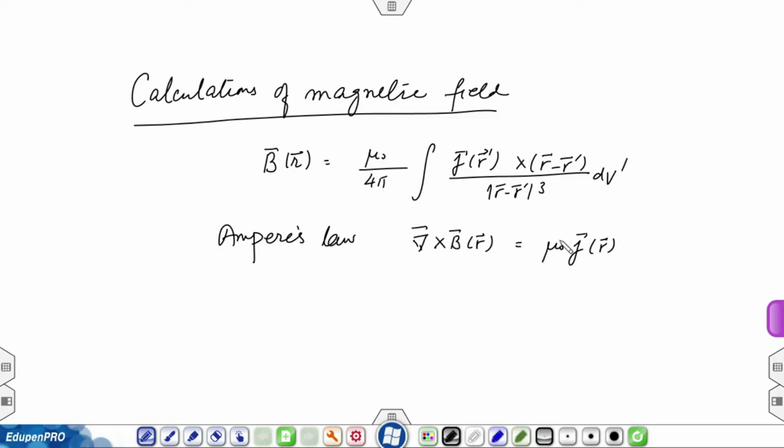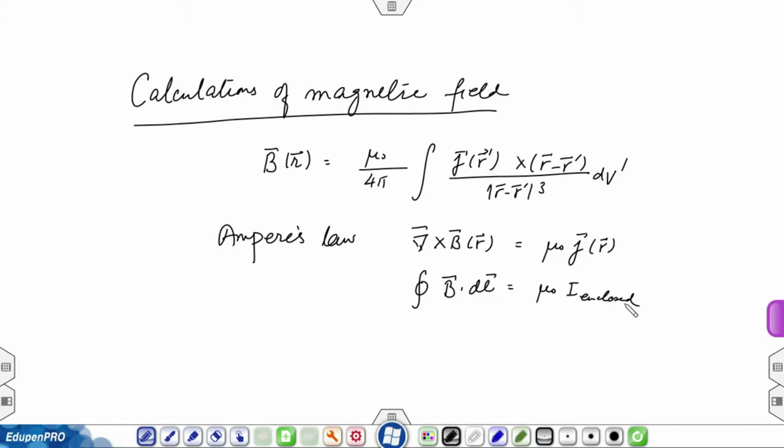This is in the differential form, and the integral form is that the closed integral of B dot dl is equal to mu naught times I enclosed. This is quite like what we were doing for electric field.